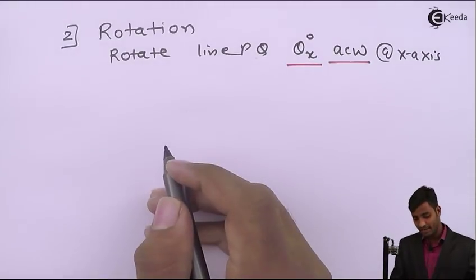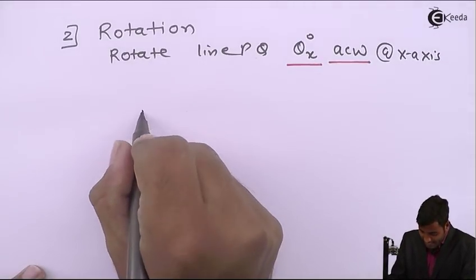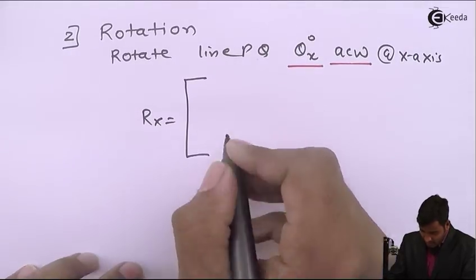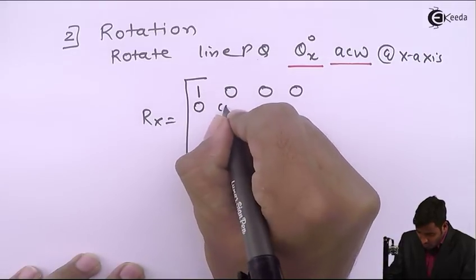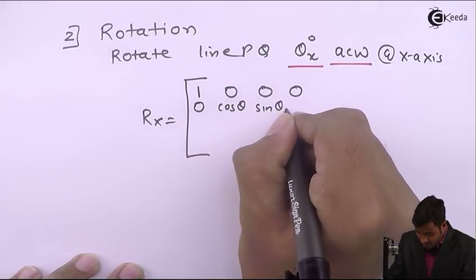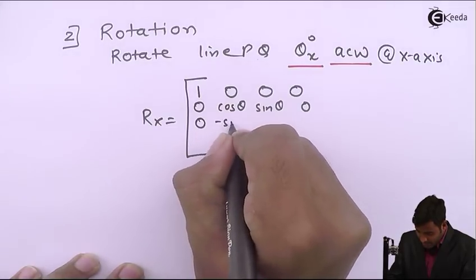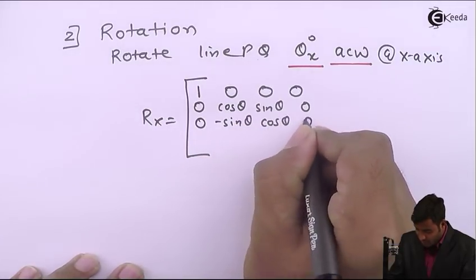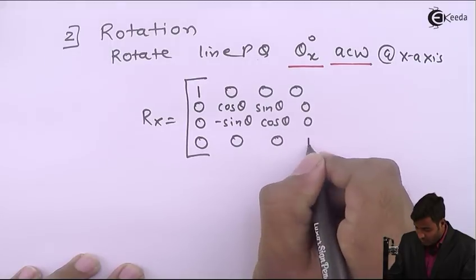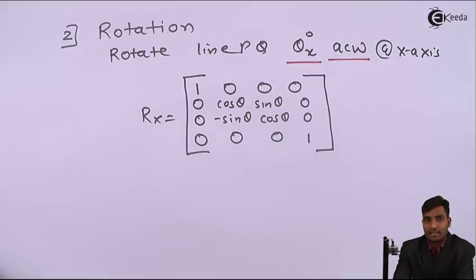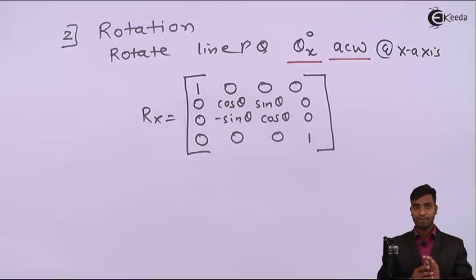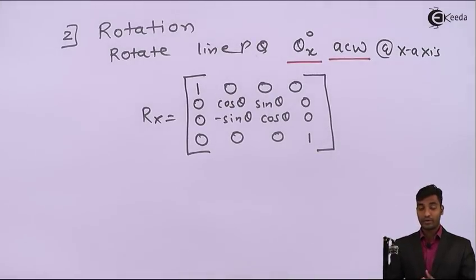The standard matrix for rotation about the x axis is given as 1, 0, 0, 0, 0, cos theta, sin theta, 0, 0, minus sin theta, cos theta, 0, 0, 0, 0, 1. So this is the standard matrix for the rotation transformation. Now after performing the rotation transformation, the figure will be transformed.